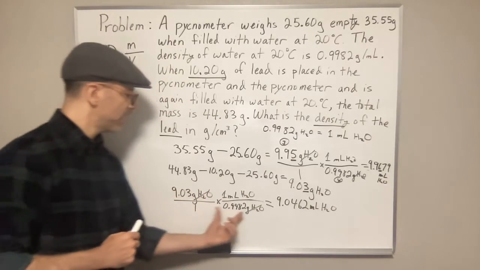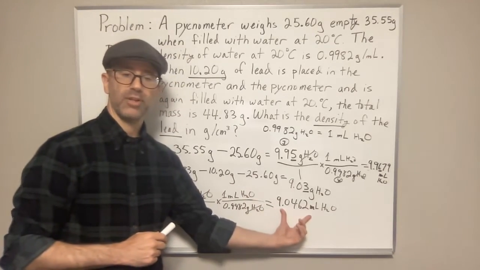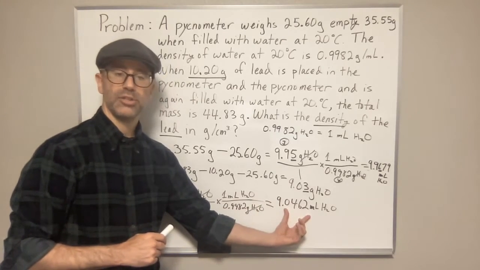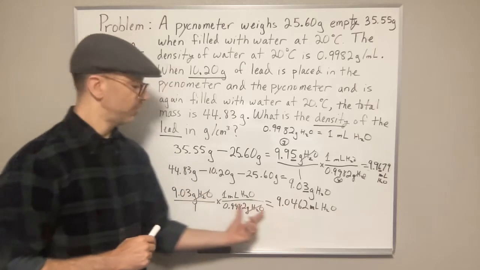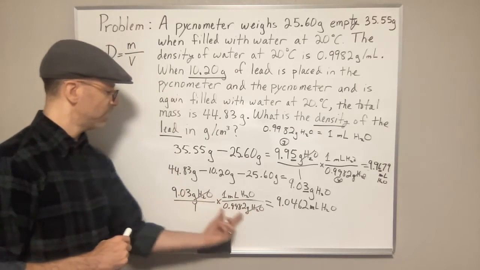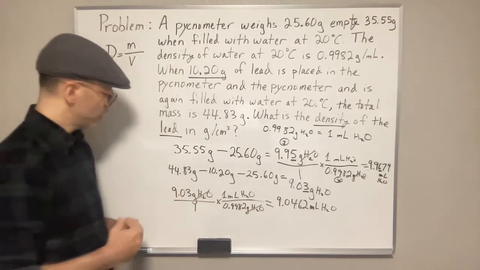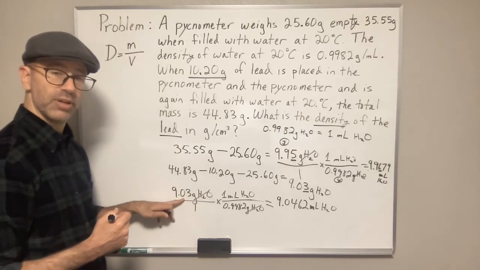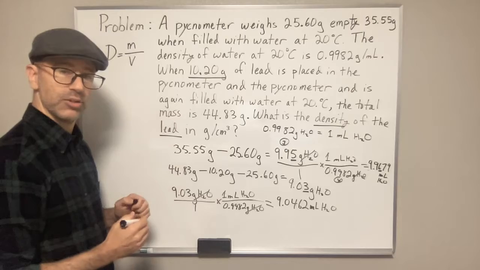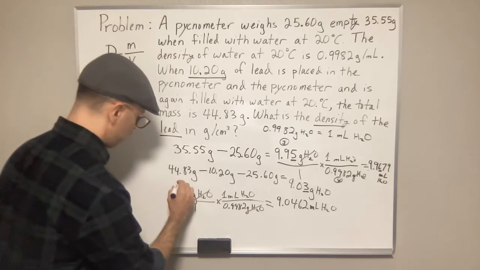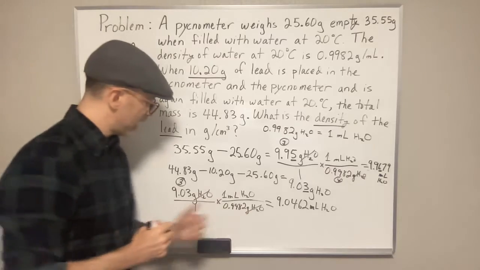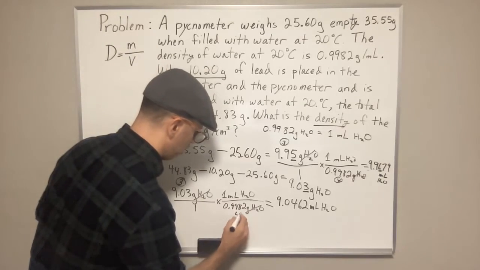And same thing here. The rule for multiplying and dividing is that the answer should have the same number of sig figs as the least number of sig figs in the numbers that you're multiplying and dividing. So here I have 3 sig figs. The 0 is significant because it's sandwiched between two non-zero numbers. And I have 4 here.